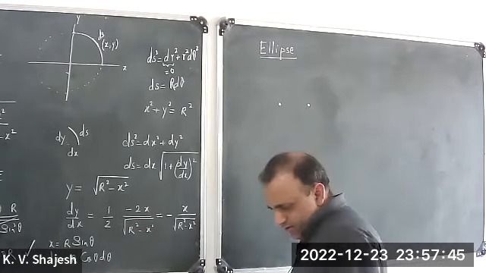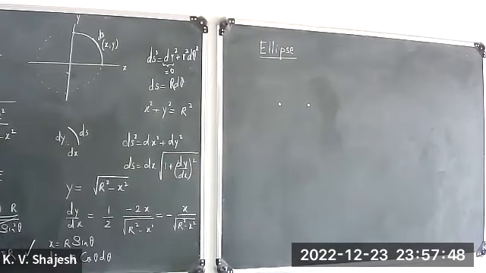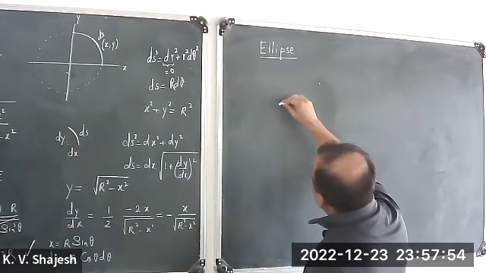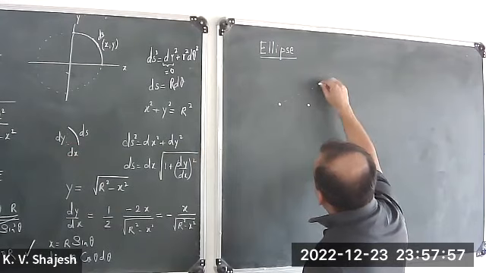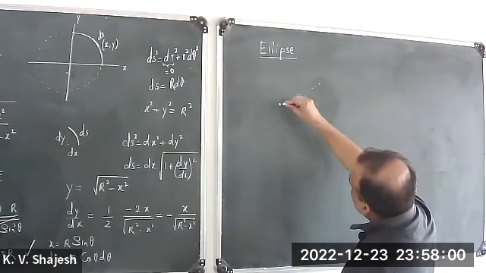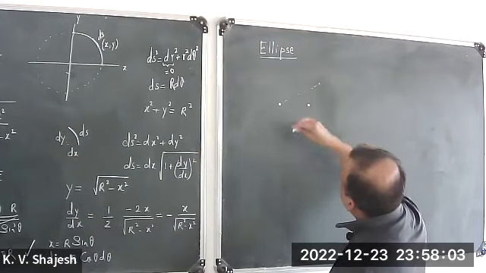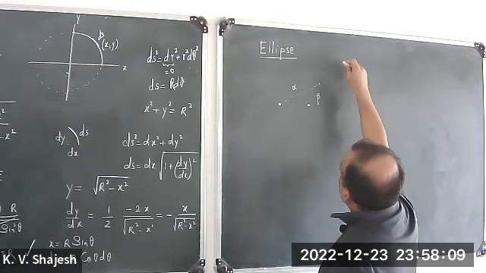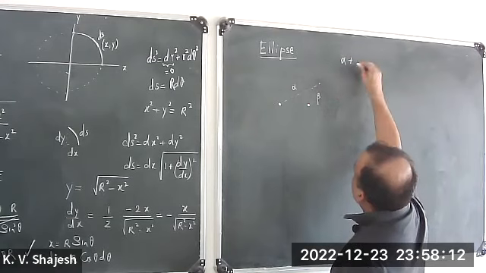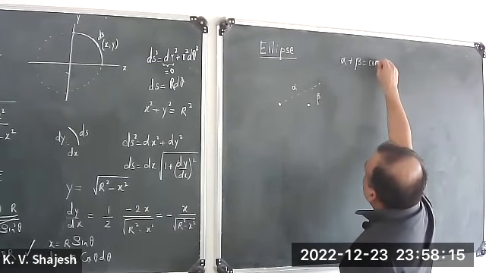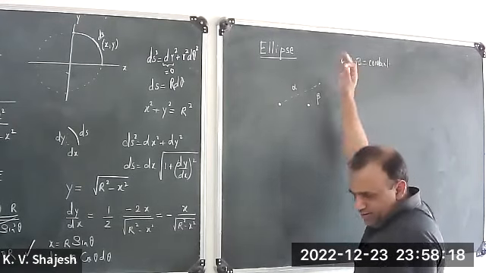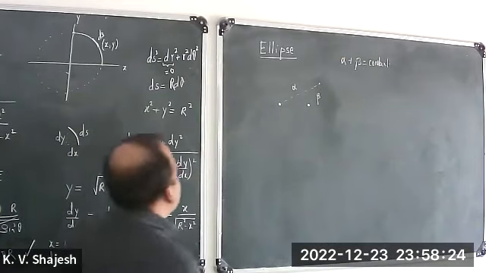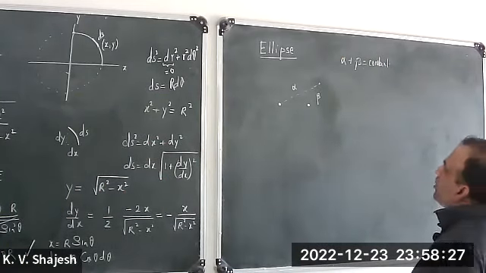Like earlier we had 1 point, and we now think of all points which are such that the length you build from here, this total length, this plus this, let's say alpha plus beta, we want all points such that this is a constant. Earlier we picked 1 point and all points equidistant from that, that is constant. Here we are saying alpha plus beta is a constant.